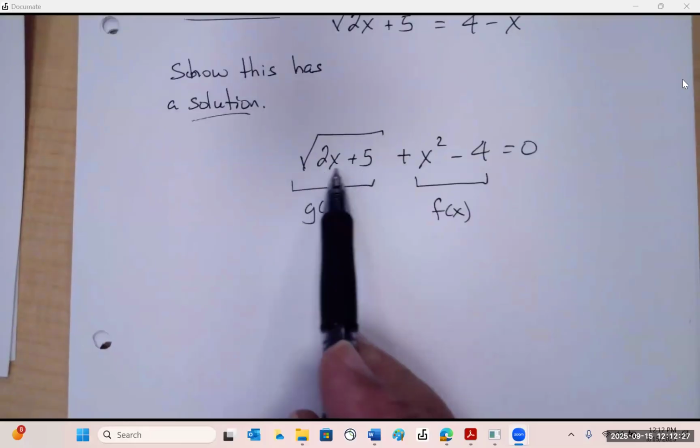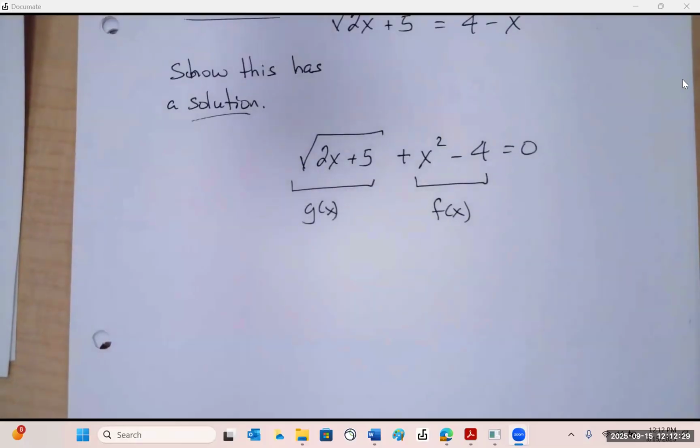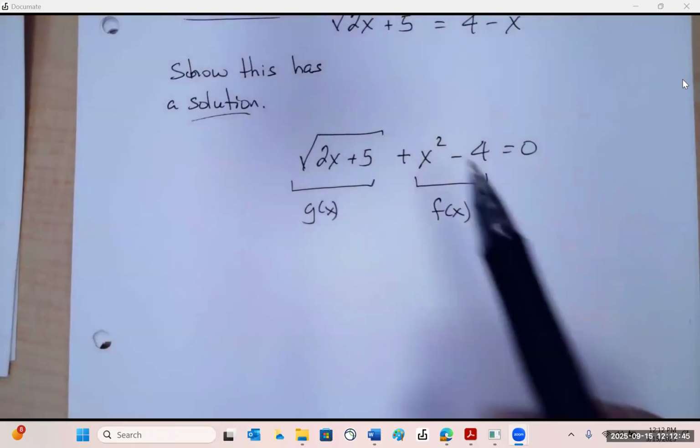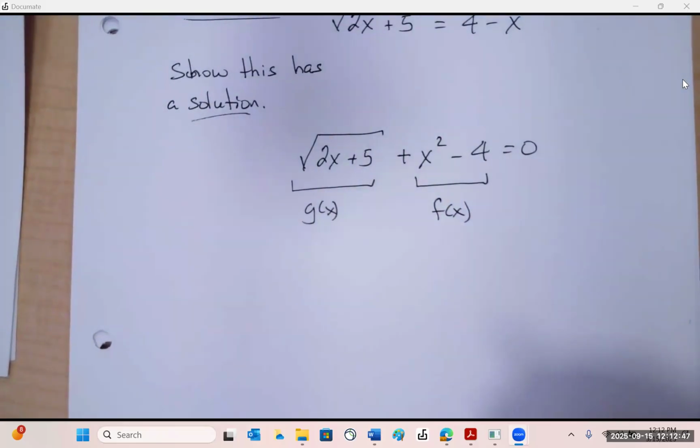What's the domain of this first one? What do we know about square roots? What can they not be? They can't be negative. So the smallest it could be is 0.